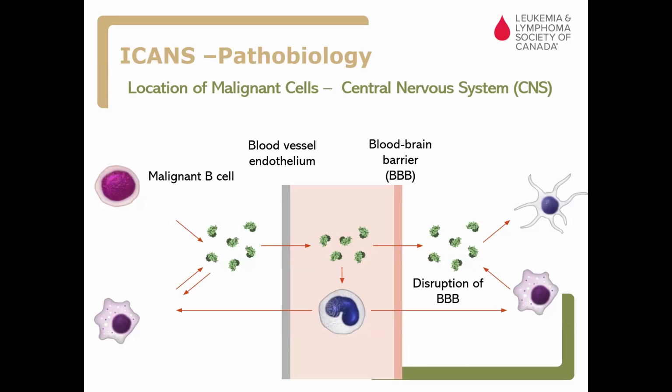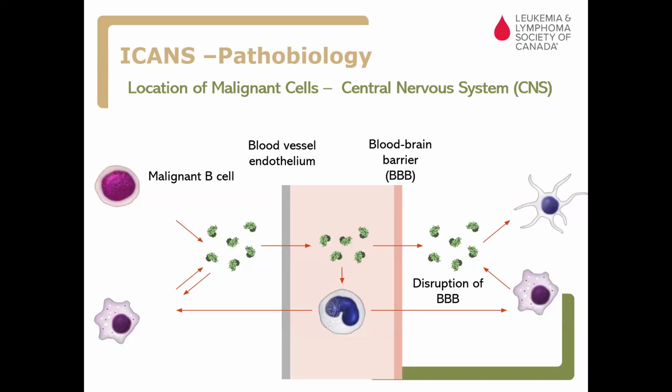So the next two slides will focus on the pathobiology and pathophysiology of ICANS. Again, despite the clinical features of ICANS being quite recognizable, the pathophysiology remains poorly understood, but is thought to be related to pro-inflammatory cytokines, disruption to the blood-brain barrier, and neuronal injury.